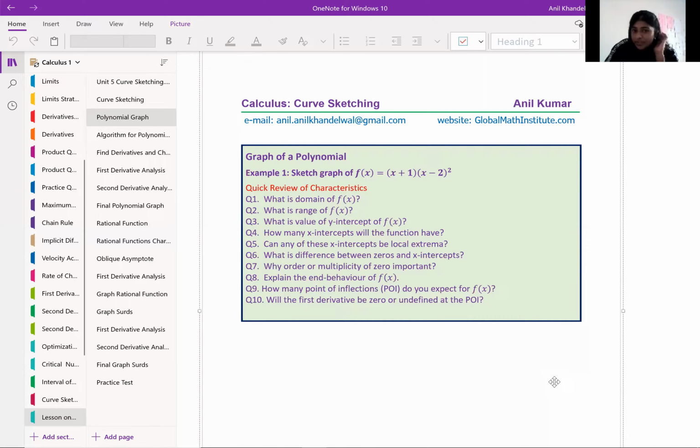All real numbers. What is the y-intercept of this particular function? 0, 4. Okay, so you substitute 0 and calculate. That was a good calculation. Yes. How many x-intercepts will the function have? 2. Very good. Can any of these x-intercepts be local extrema?